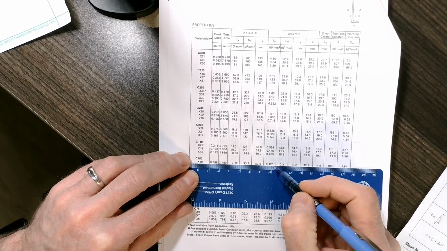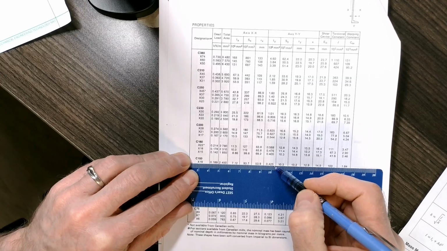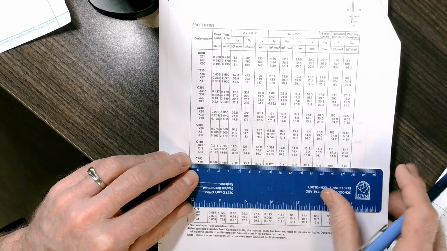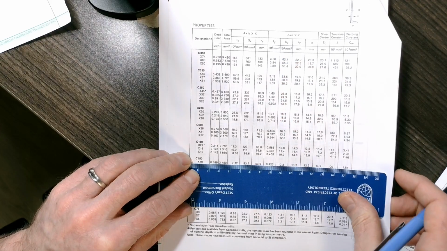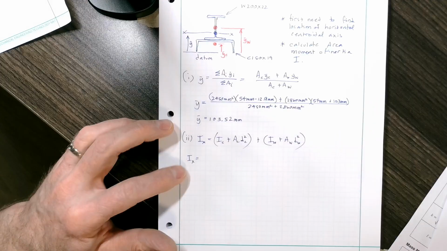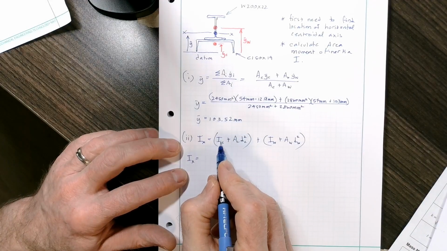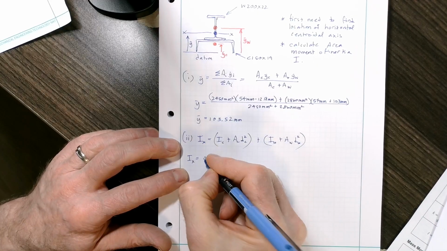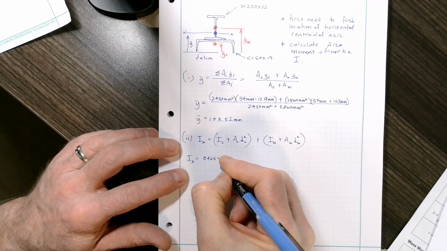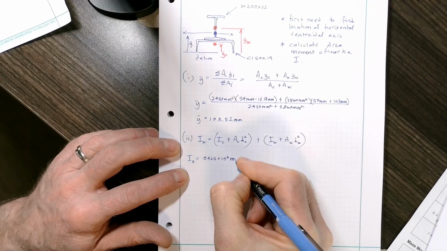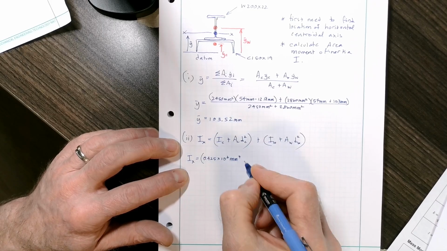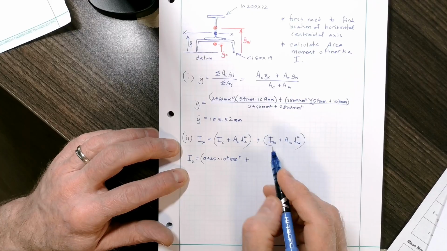These are 0.425 million millimeters to the fourth. So watch, there's a header there, okay? So IY or IC, the moment of inertia of the C channel, is 0.425 times 10 to the 6 millimeters to the fourth. Make sure you know how to get that. That's IC, okay? Plus the area of the C channel, well, that's right up here.